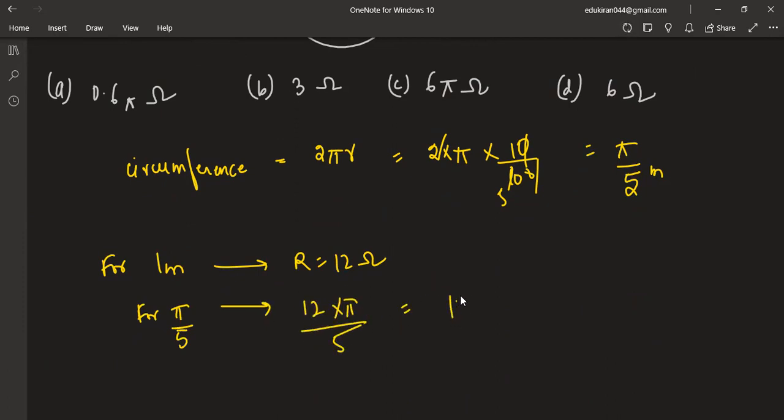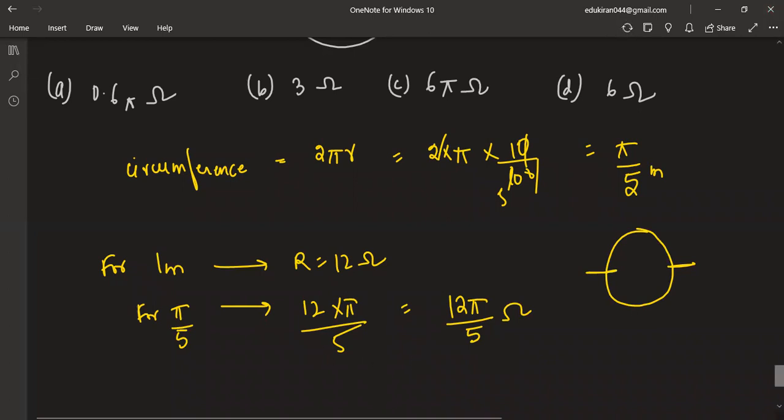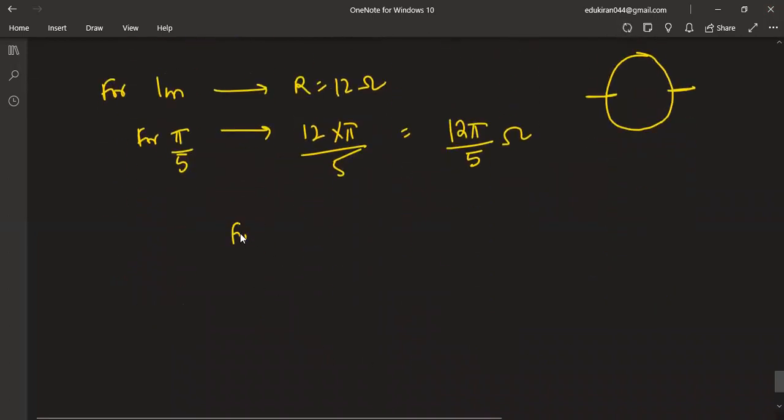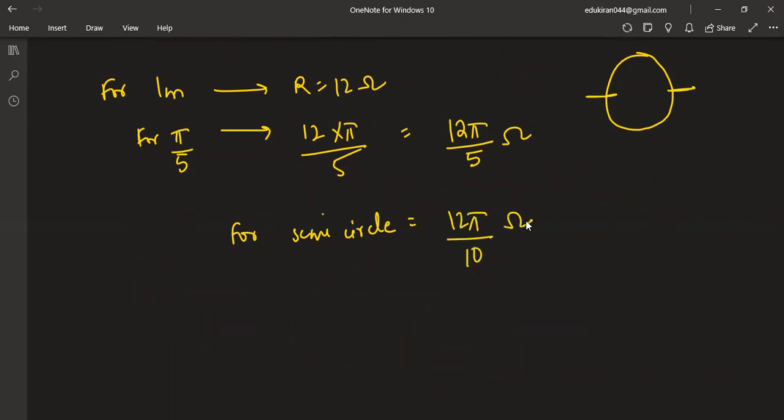So that is 12 pi by 5. But this is for the entire circuit. We want to find out across these diametrically opposite ends. So for half of the circle, for a semicircle, we'll half it, that will be 12 pi by 10 ohm.